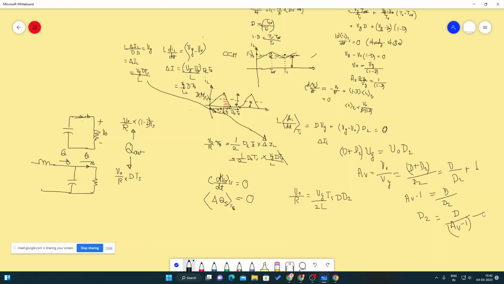This is expression number 1. The second expression from here, what can I write is AV, V naught by Vg, it's AV, into 2L by R Ts. This equals D square by AV minus 1.